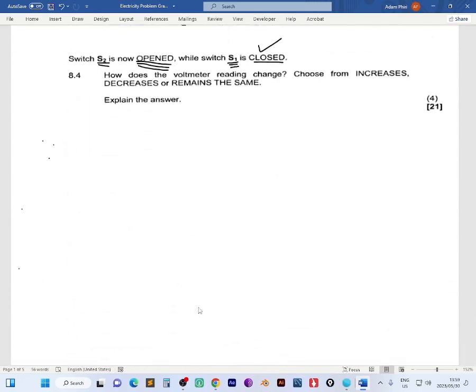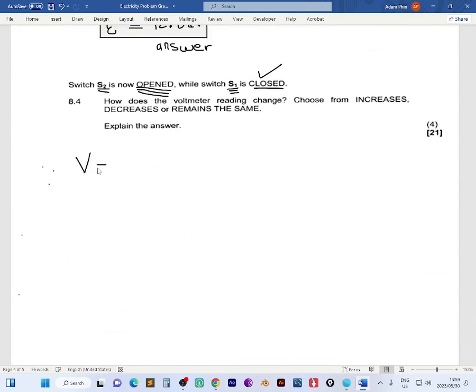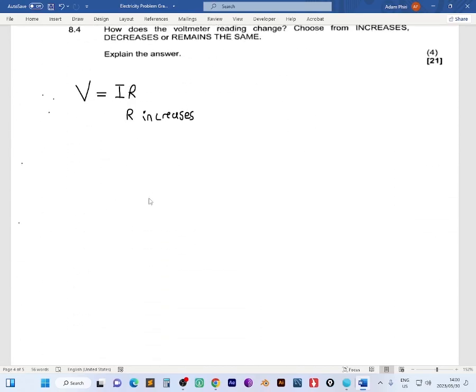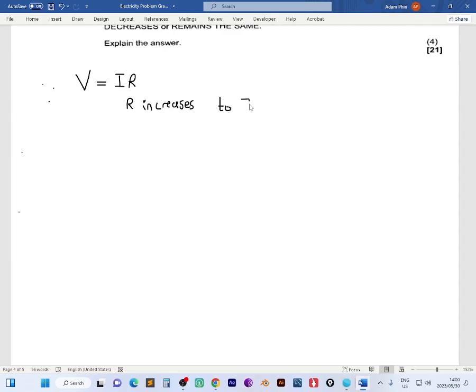So we go back to the other question now. 8.4, we need to find out when S2 is now closed. You can pause and go through the question and find out the information that we have. So R increases to 7 ohm. R also increases because remember that it's from parallel to single path.